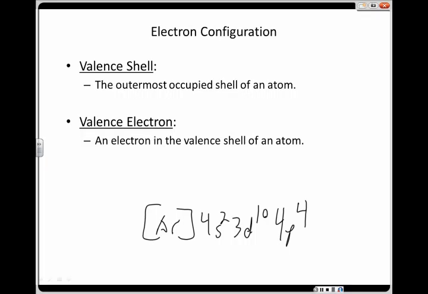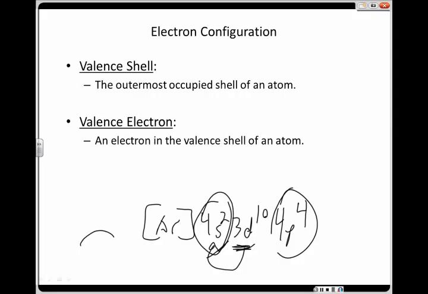The 3d is technically higher in energy than the 4s, so I'm not really talking about highest energy necessarily, but the 3d, though higher in energy, is actually farther in. When atoms lose electrons, they lose them from the 4s and 4p first. Those are the outermost, the farthest from the nucleus. It's a little weird, but what you're just looking for is the highest numbers out in front.